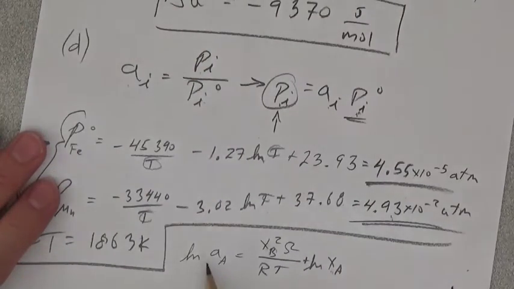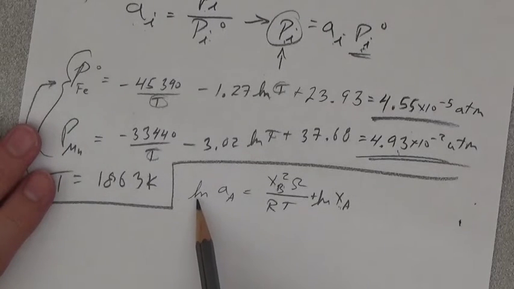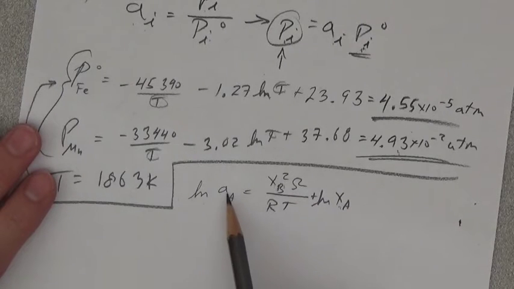If you look in your textbook, you'll find an expression for the natural log of the activity coefficient equal to this term. And recognizing the activity coefficient is the activity divided by the mole fraction, that gives us this term.